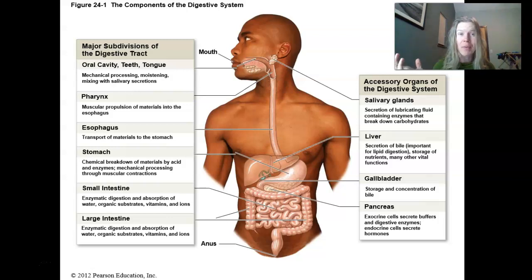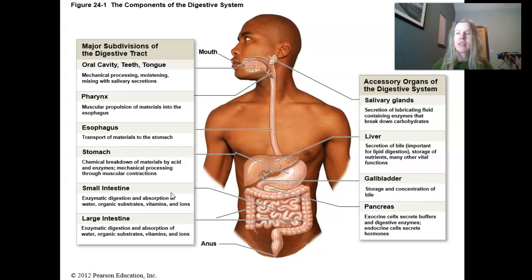So when we talk about the GI tract, it is that tube, the gastrointestinal tract, or the really old name, the alimentary canal. It's going to start here at the oral cavity. It goes into the pharynx. Remember, we share parts of the pharynx, at least, with the respiratory system. Food is then going to travel down the esophagus, into the stomach, onto the small intestine.